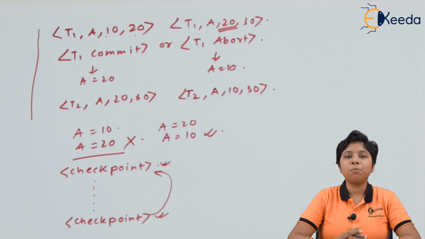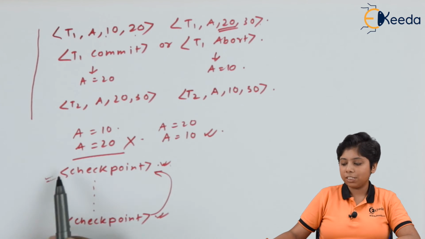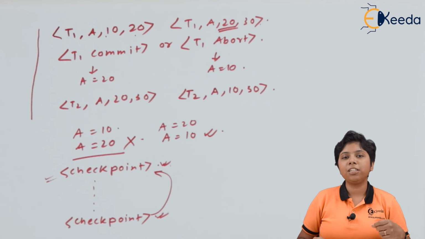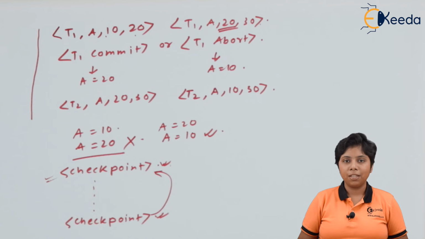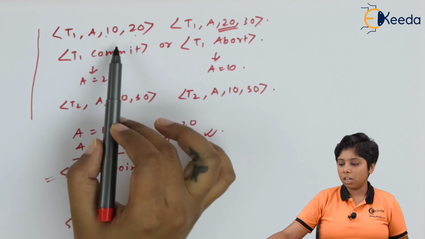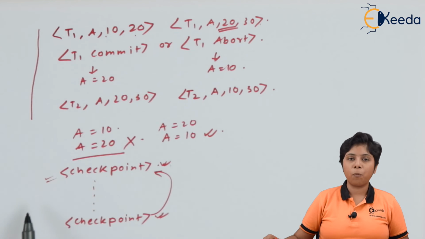So here a concept arises, the fuzzy checkpoint, where we can logically perform the update on the database modification even if we have not reached the checkpoint. This logical update is performed only when one variable, the updated value, is needed by another transaction. Say T1 has committed and after that T2 is needed, but there is no checkpoint till now.